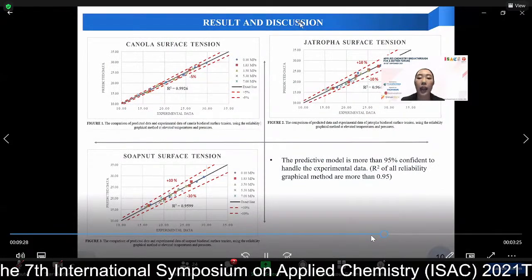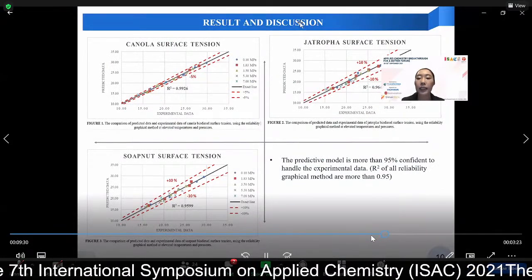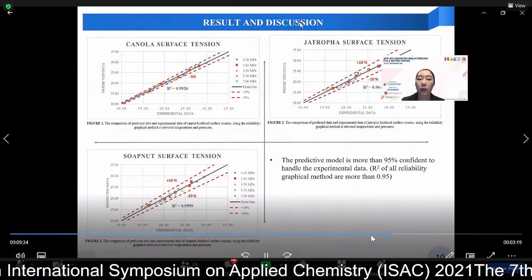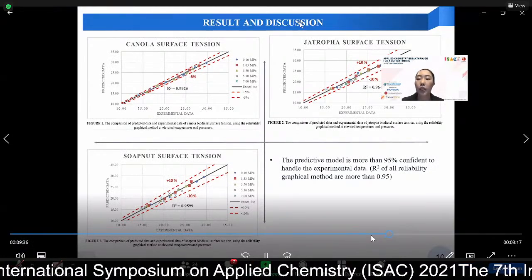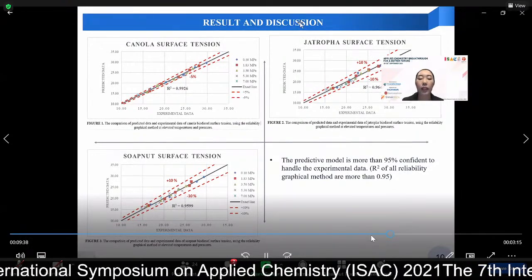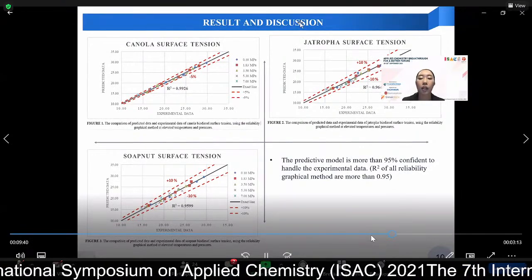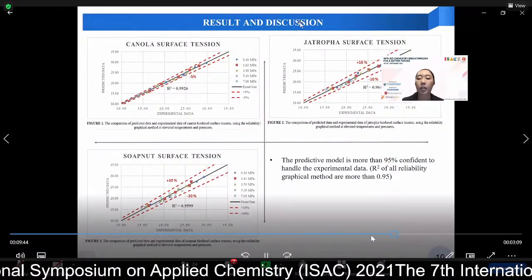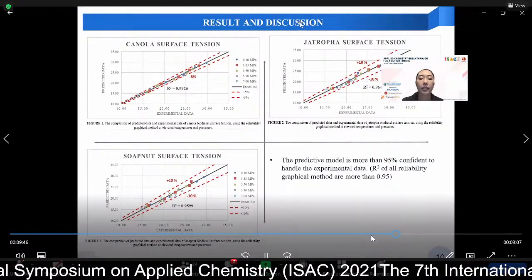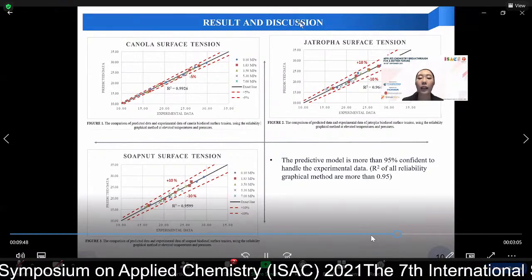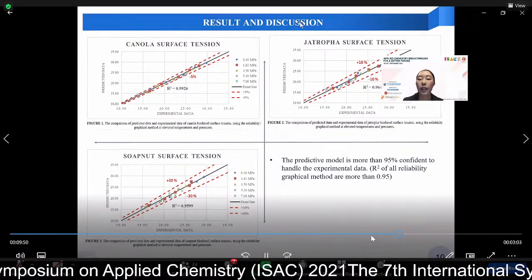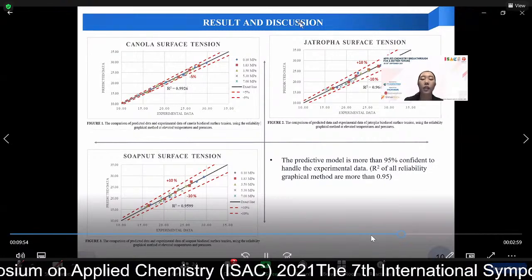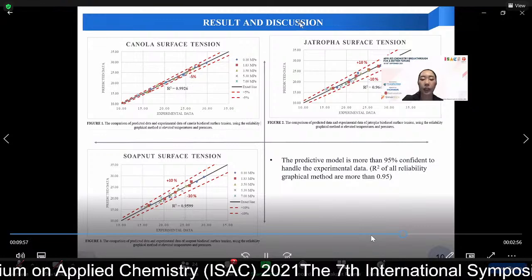Figure 1 to 3 are variability graphical method of each sample cell, which compare between predicted data and experimental data. The derivation result compared with exact line show the lowest derivation lower than 5% in canola cell in figure 1 and the highest derivation lower than 10% in jatropha cell figure 2 and soft cell in figure 3.